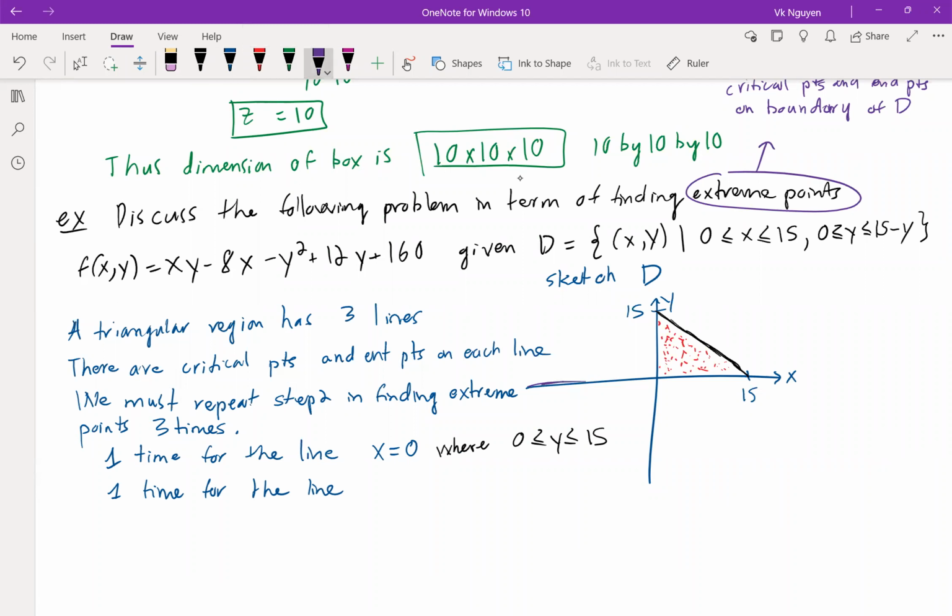So that is y equal to 0 here, where 0 less than or equal to x less than or equal to 15, and you have to be careful here. And then you have to do one time for the line y equal 15 minus x.